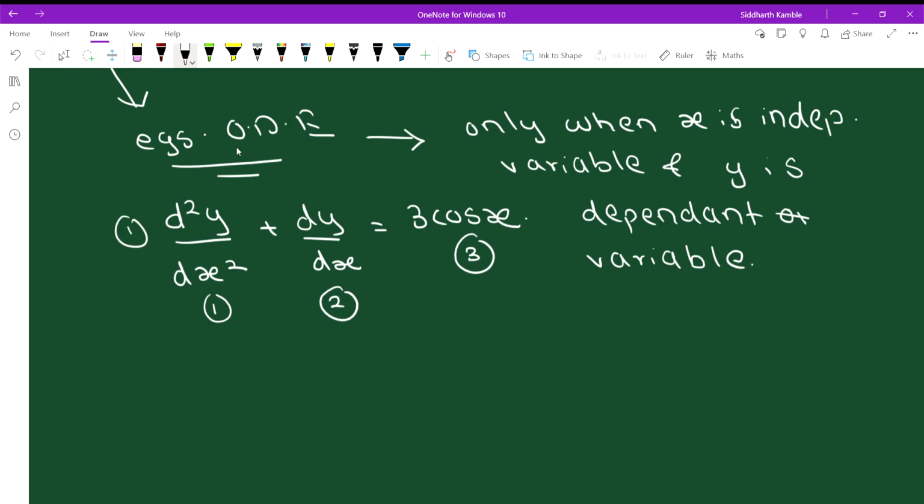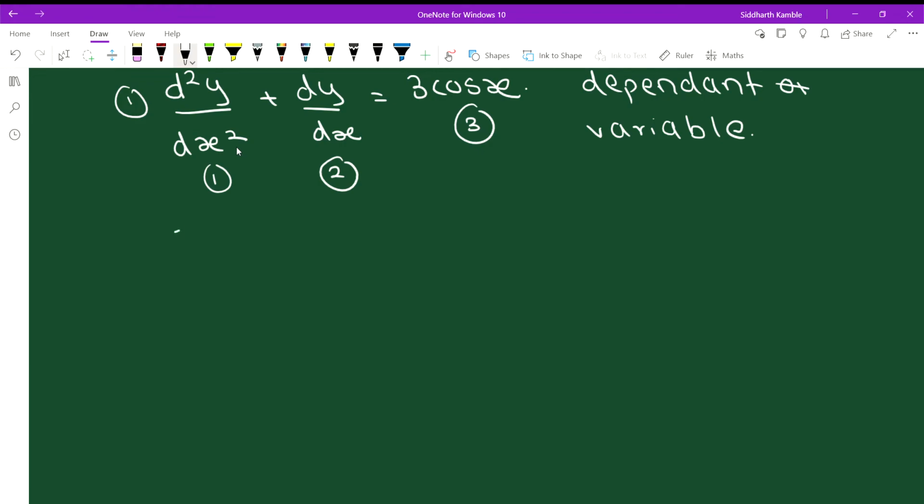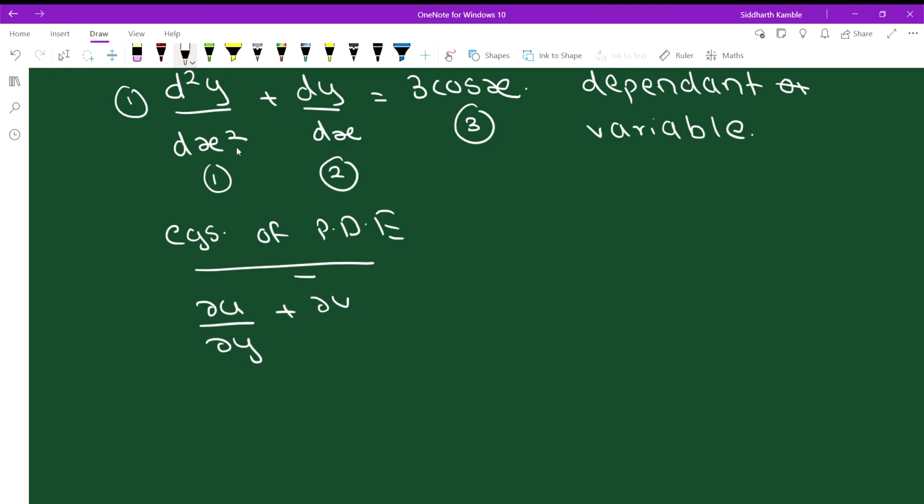Now we'll see an example of partial differential equation. Example of PDE. So ODE is ordinary differential equation and PDE is partial differential equation. For this example, let us consider del u by del y plus del u by del x is equal to 0.